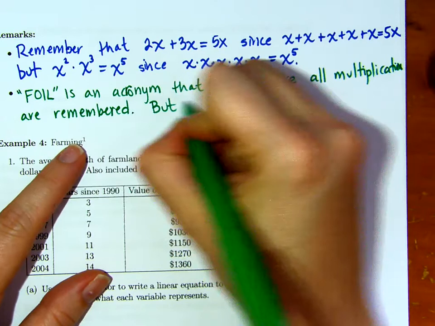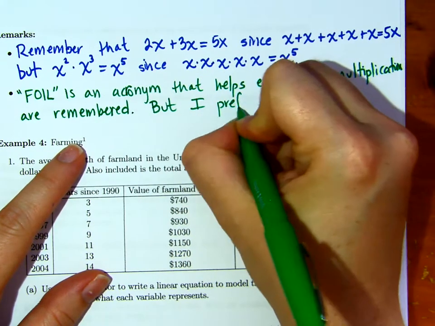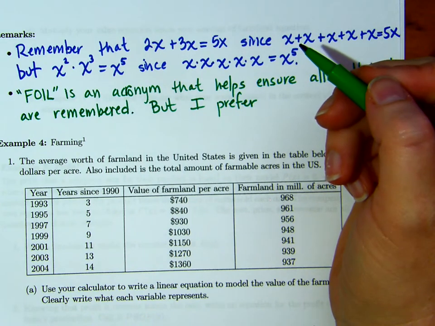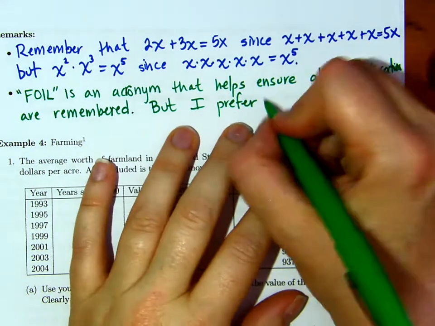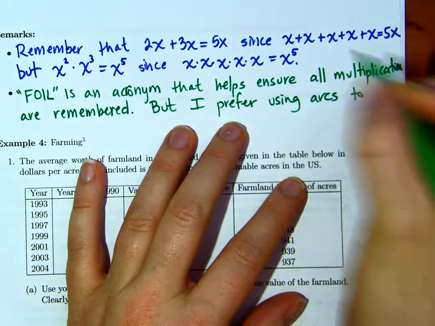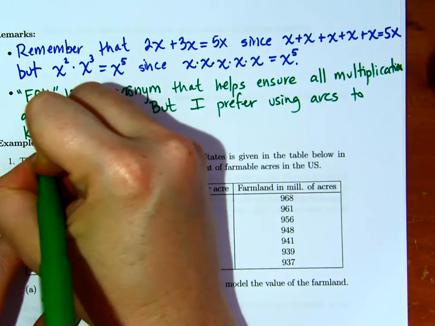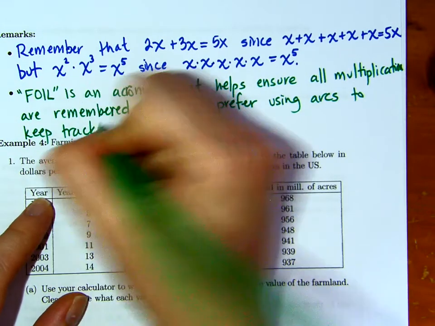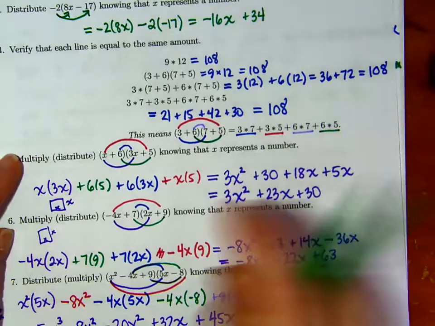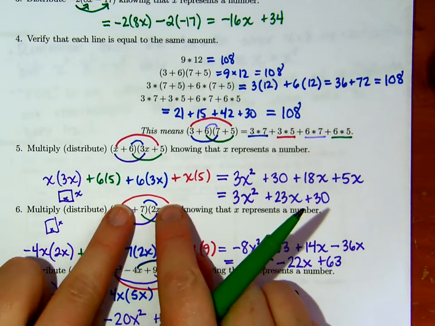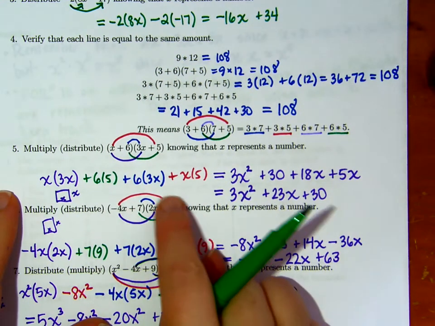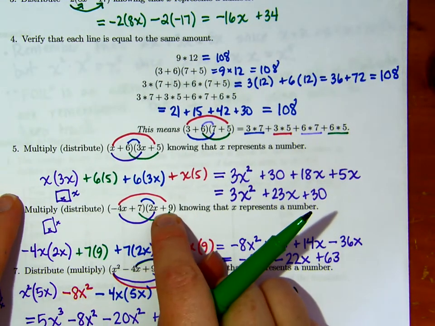But I prefer the arcs myself. Now that doesn't mean you have to do it, but I prefer using arcs to keep tabs. And that's only because it's extendable. So what I mean by that is firsts, outers, inners, lasts works if there are 2 terms in the first set and 2 terms in the second set of parentheses.